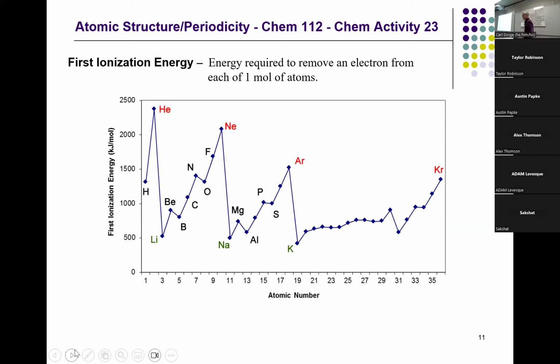We've met ionization energy before when we looked at the hydrogen atom and the energy that's required to take the electron from, well, it could be an excited state, but often the ground state, to infinity. It's the same principle here. But now we're looking at the first ionization energies for all of the elements.